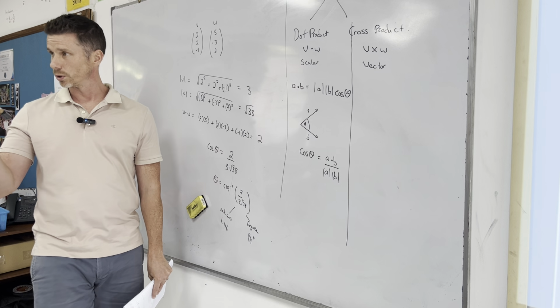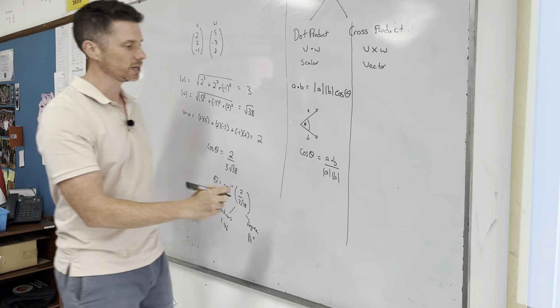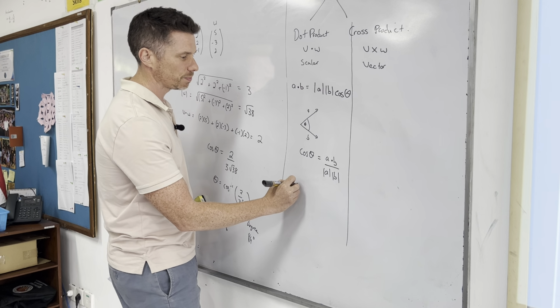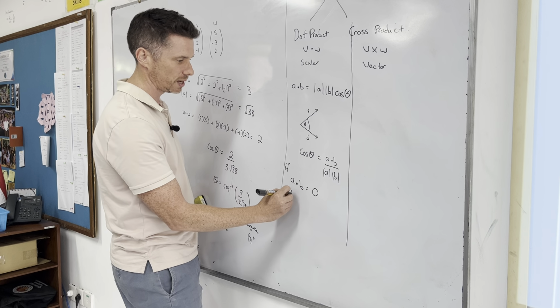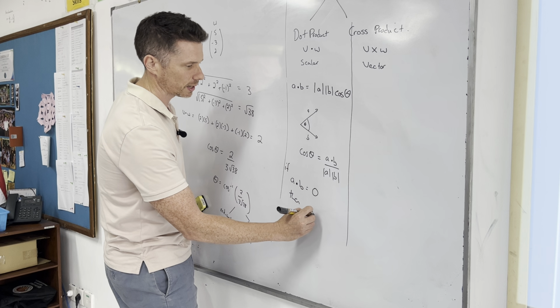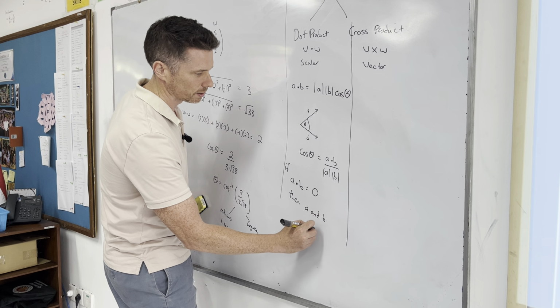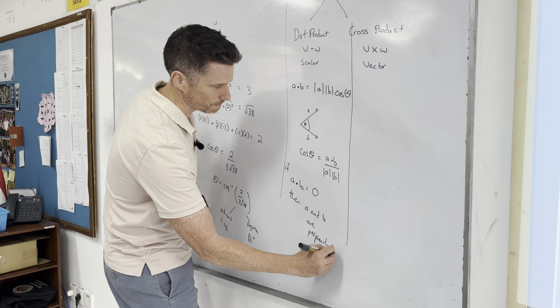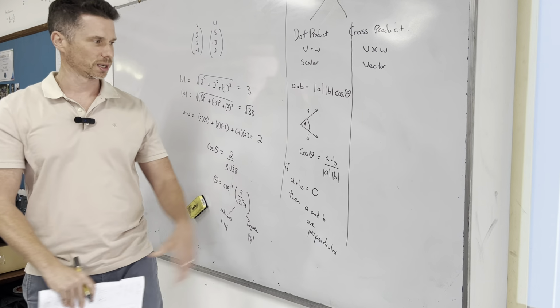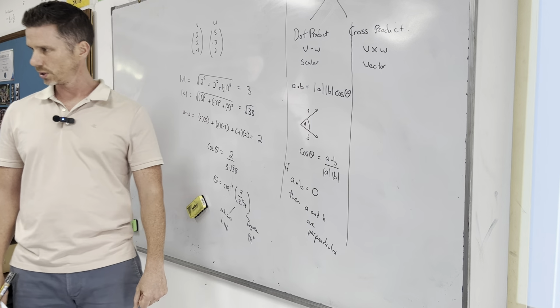Sine of 90 degrees is 1. Cosine 90 degrees is 0. So that means if A dot B is equal to 0, then A and B are perpendicular. You get cosine equal to 0. It doesn't matter about their magnitude.